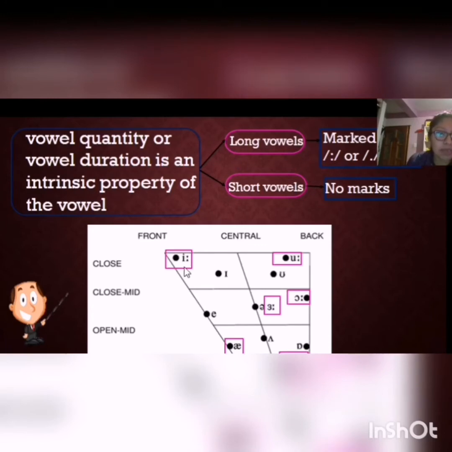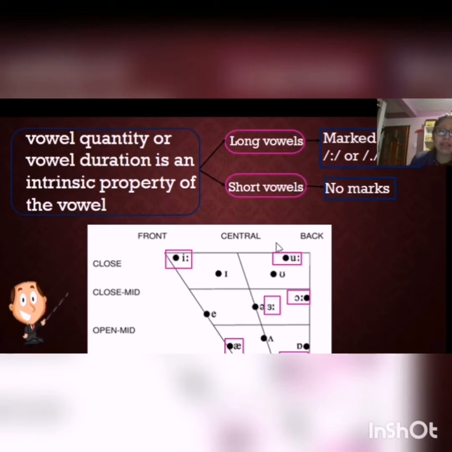So E, U, O, A, E, and also this vowel is a long vowel, although it doesn't have a column.